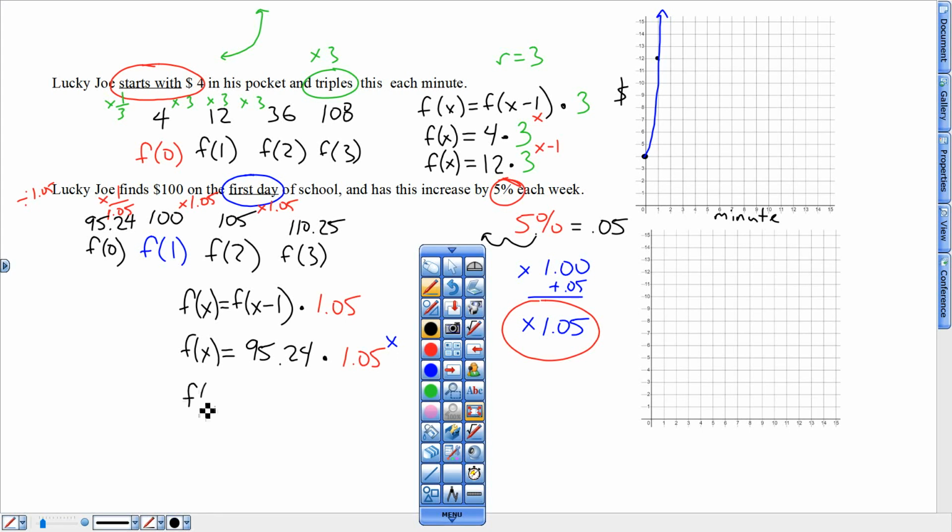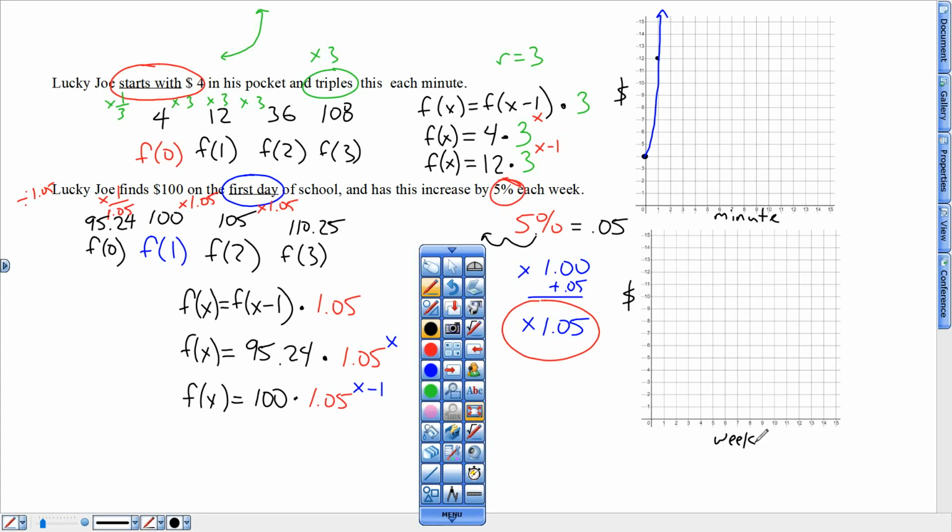And then the first term, of course, 100 times that same common ratio number. Can't leave it just like that though, but to the x minus 1 power. If I was to graph this, this is days, money per week. So make sure you label that the correct way. And then I'll just graph best I can.